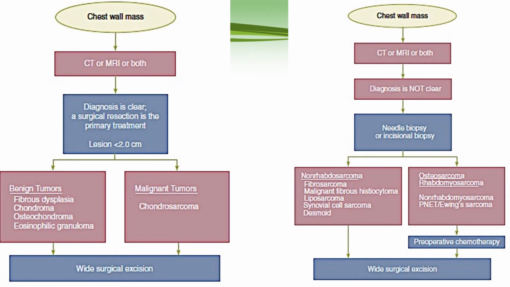The reason for this is because we are suspecting a malignancy and we don't want to have multiple surgeries for diseases that are malignant, right? It's nicer if it's just one big surgery.